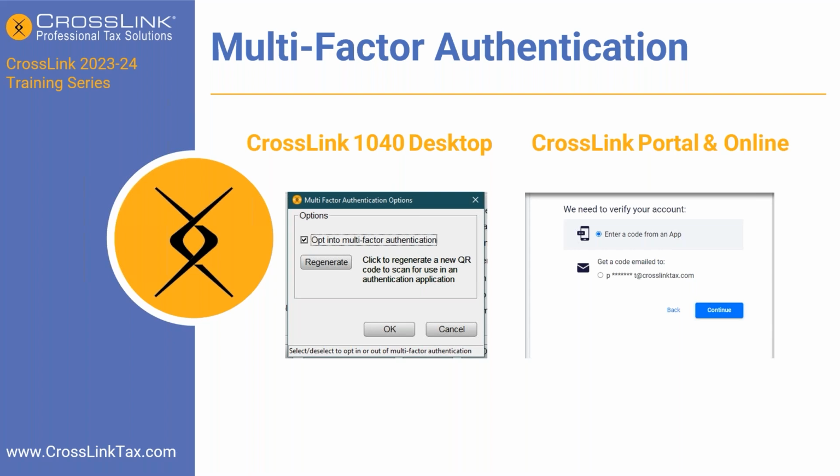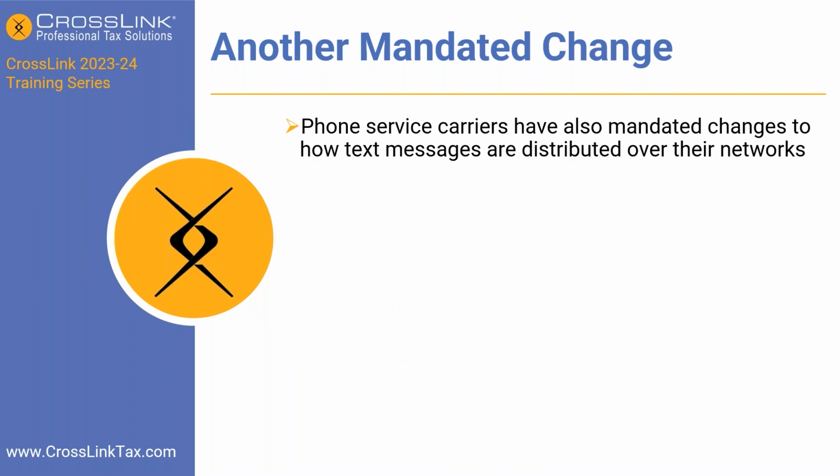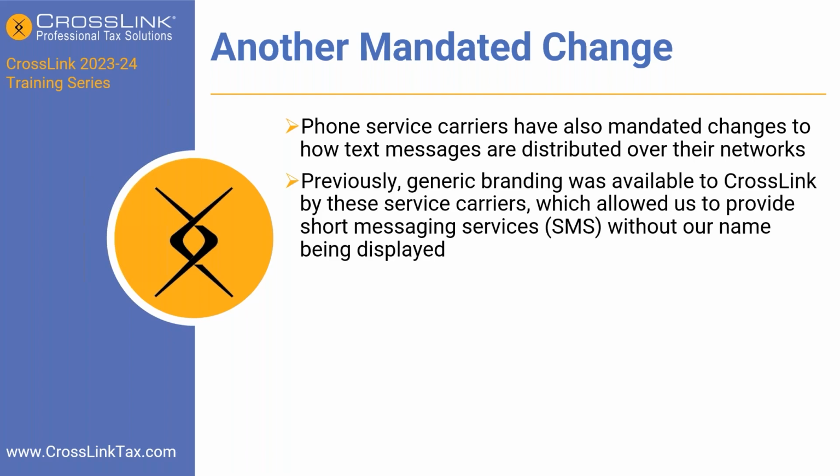Perfect. So another mandated change that we have to share is within our phone service carriers. When it comes to sending text messages from the software, previously generic branding was available to CrossLink by the service carriers, which allowed us to provide short messaging services without our name being displayed.